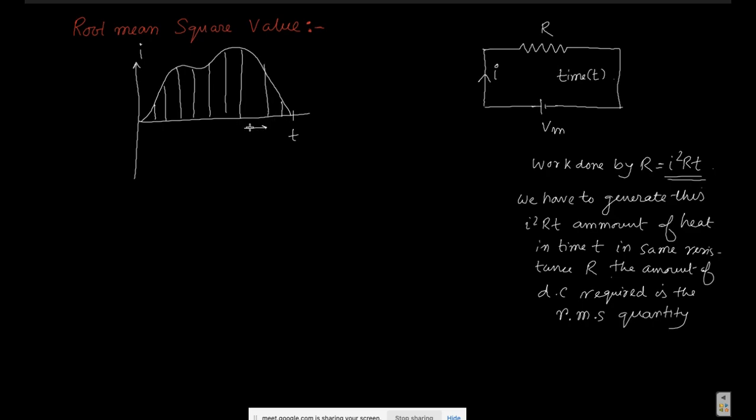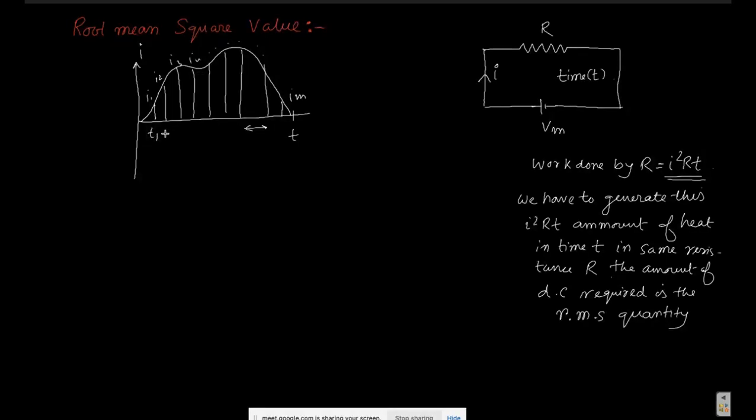So this width, if this is the total T, and this is I1, this is I2, this is I3, I4 dot dot dot, this is Im. So you have to divide the entire current in the m parts, then for every instant.